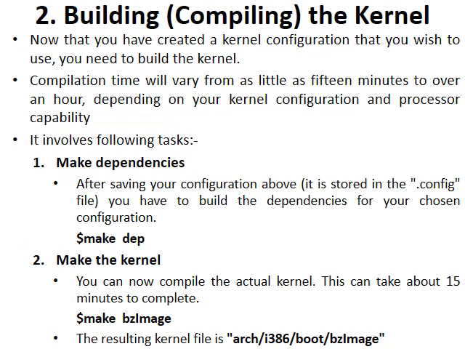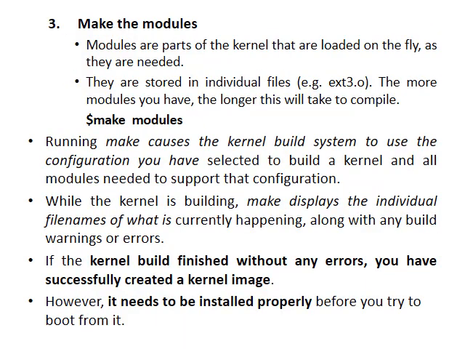After that, you have to give make vmlinuz image, and that will create the image of the Linux kernel which needs to be installed further. The third step for building and compiling the kernel is to make the modules. Modules are parts of the kernel that are loaded on the fly as they are needed.